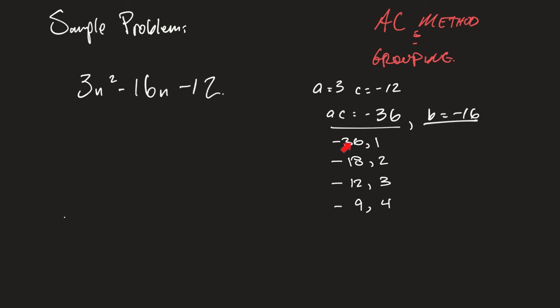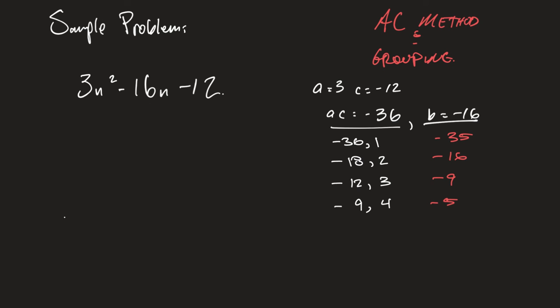You'll notice that the absolute value of the negative numbers is larger than the positive factors, right? The reason for that is when I add these together, I need to get a negative number. The sum has to be negative, so the factor with the negative has to have a larger absolute value.